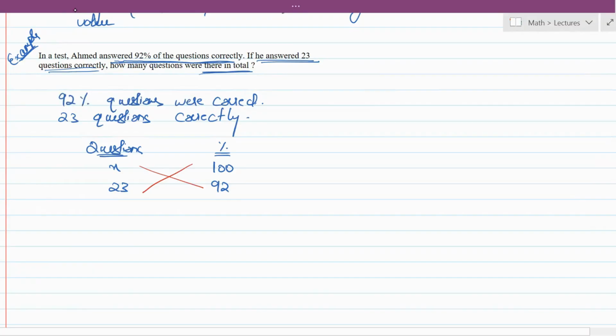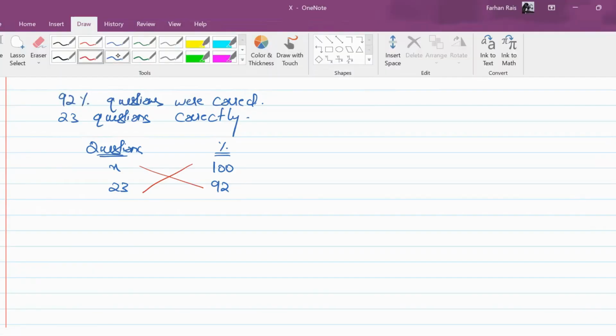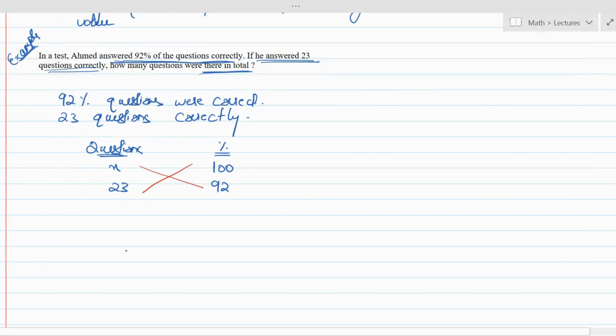So doing the cross multiplication, we'll have the equation as 92 into x is equal to 23 into 100, and then x is equal to 23 into 100 upon 92. If you solve this with the help of a calculator, you will get 25.